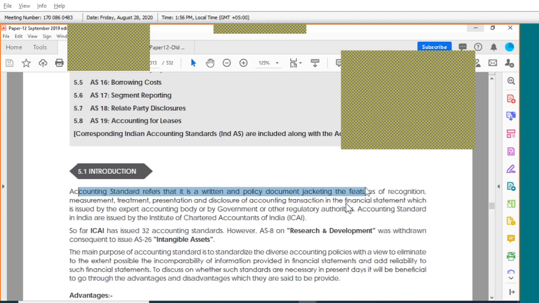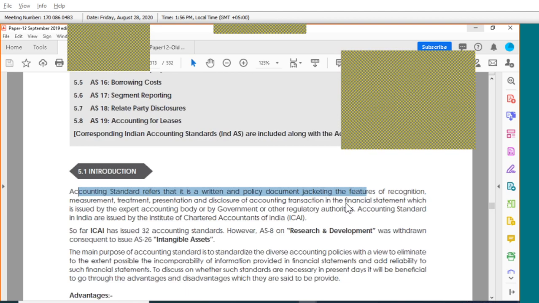As per you, what is recognition? Any idea of recognition? Understanding. Identification. Identifying transaction. Authorized.